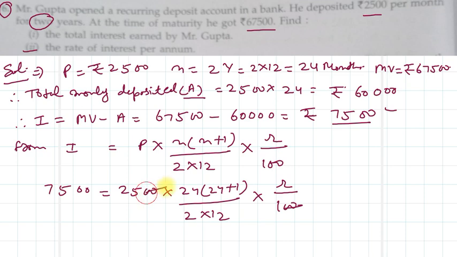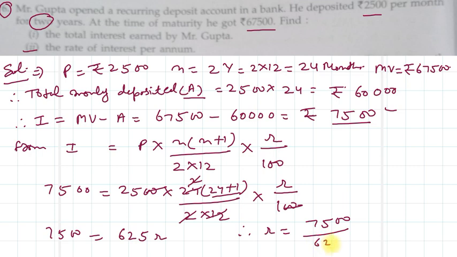So these two cancelled, 12 2 ja, and this. So 25 into 25, 625, 25 ja, 625 into R. Therefore R would become 7500 upon 625. So this 625 1 just 625, so 12% per annum, right students?